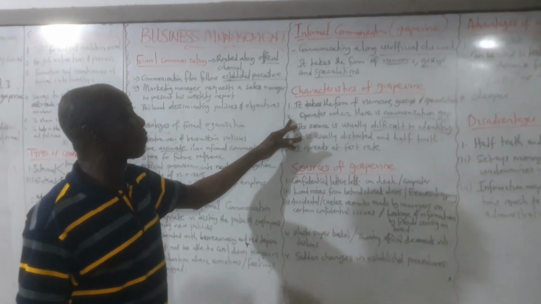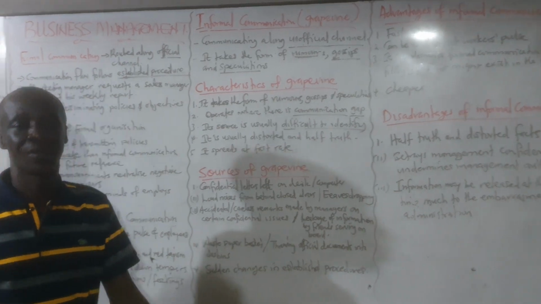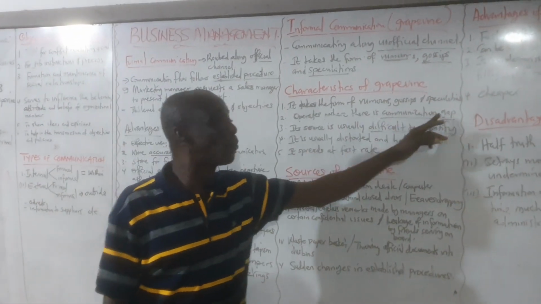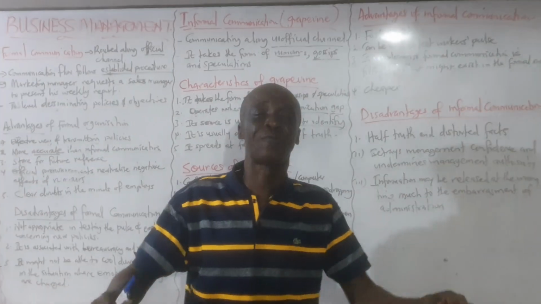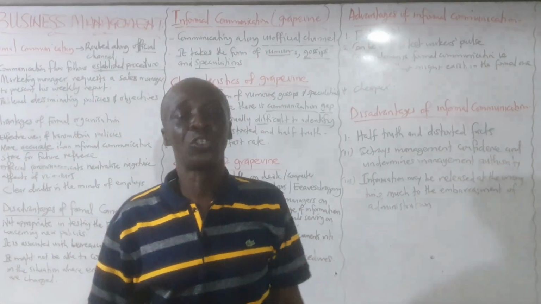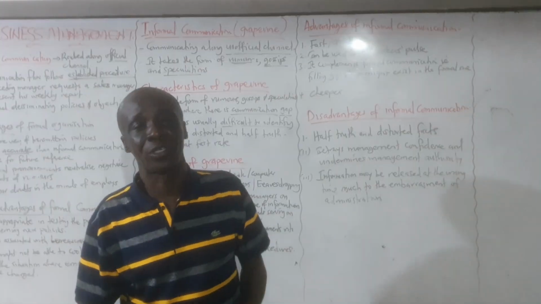The second one, very simple, it operates where there is a communication gap. We shall learn about what communication gap is. When you say communication gap, it means information doesn't flow. People who are supposed to get information do not get it.